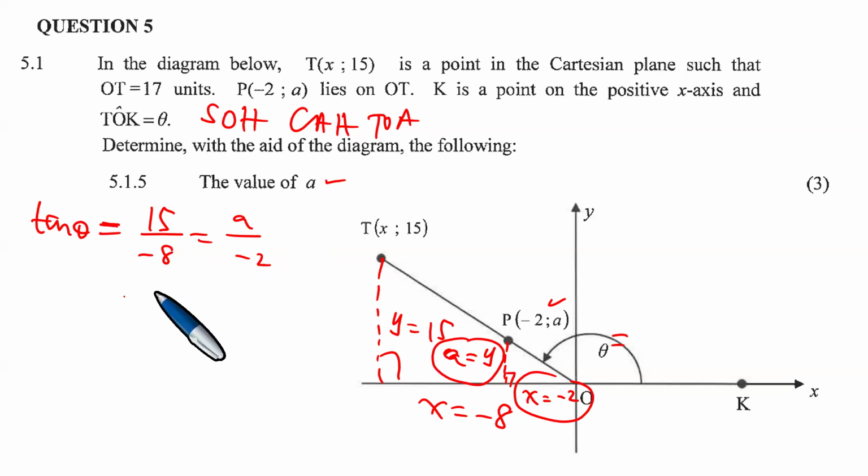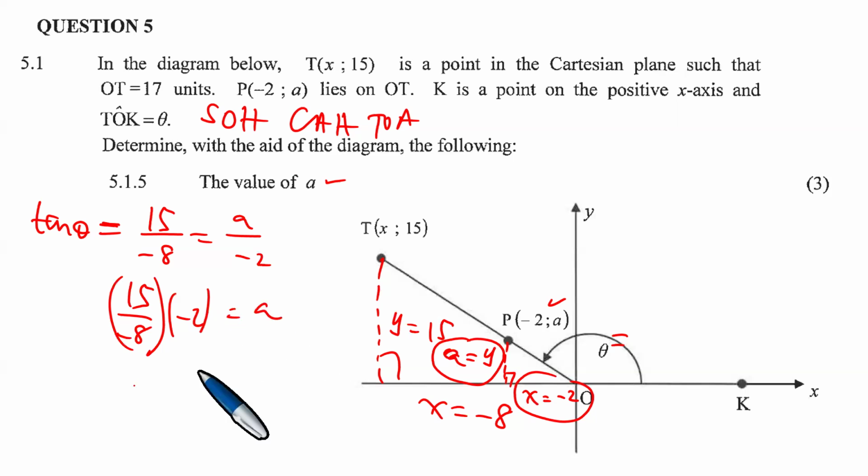We cross multiply: 15 divided by -8 gives -2 goes into -8 four times, giving us 15 out of 4. The numerical value of A is 15 quarters.